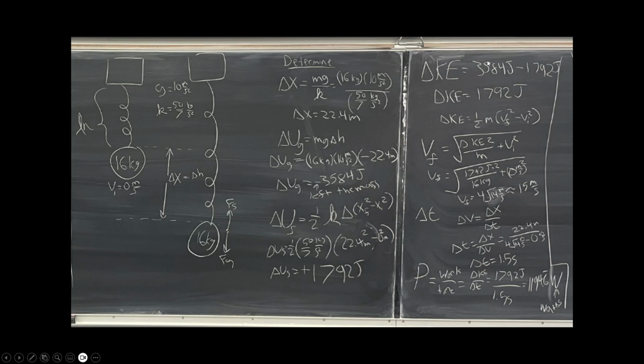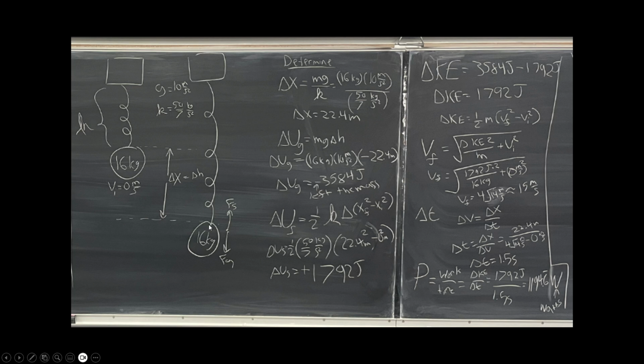This tells us, of the amount of energy that left gravitational potential energy, how much went to the change in kinetic energy of our object as it was falling down and first reached its resting position, and then kept going and springing back and forth until it reached this position.